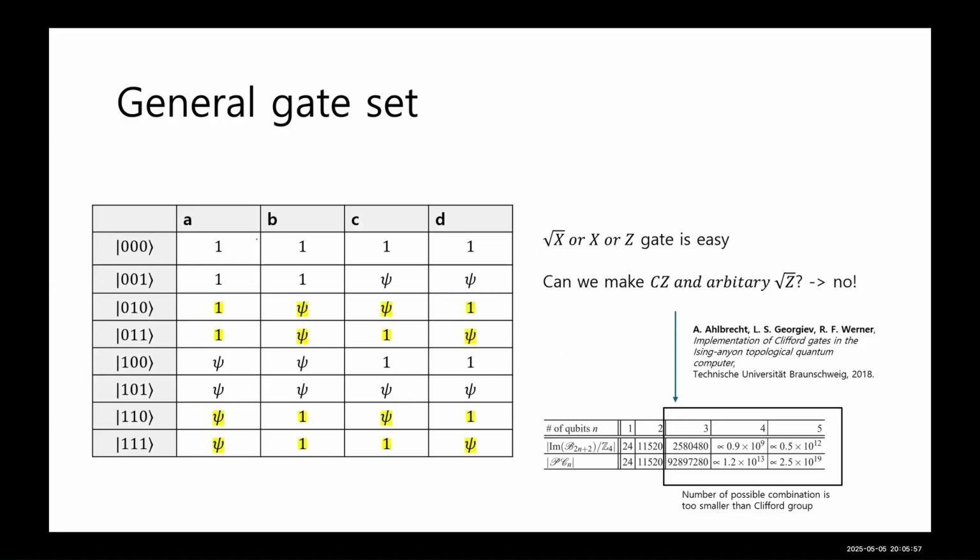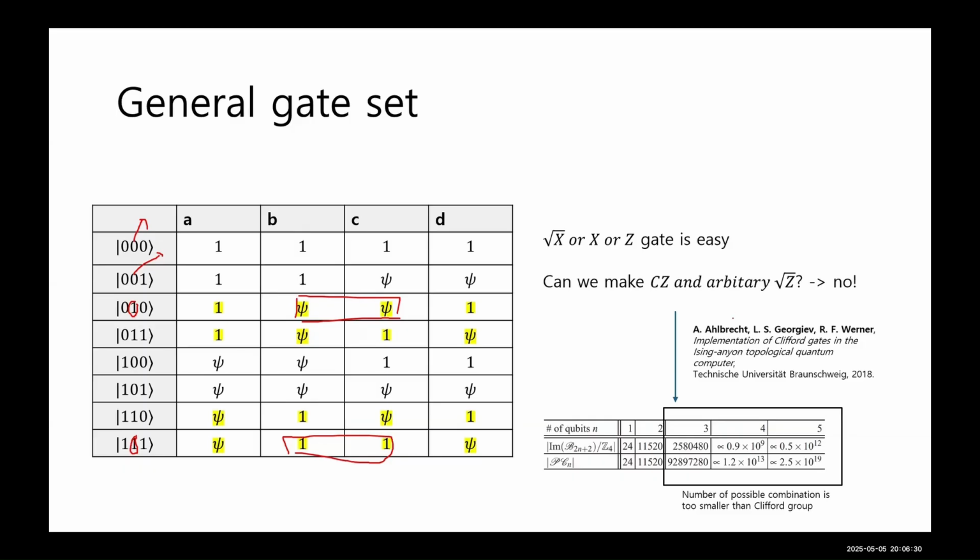But if you try to make a phase change from this intermediate state, it's really hard because this doesn't correspond to the fusion result, because even if their result is 1, they're going to have different fusion results. So this doesn't correspond to any fusion result. This makes it hard to make a single Z gate or control Z gate.